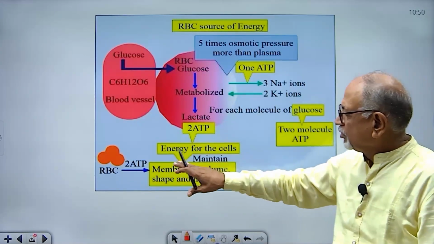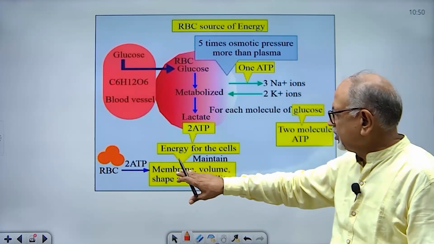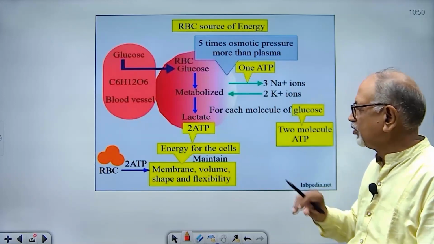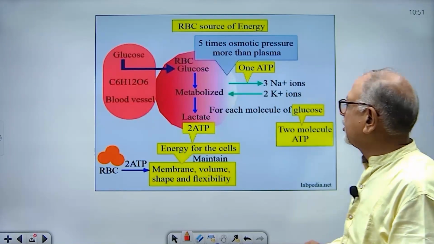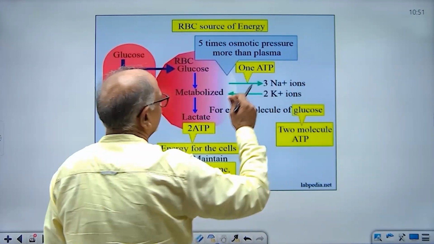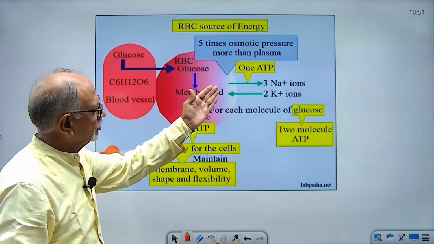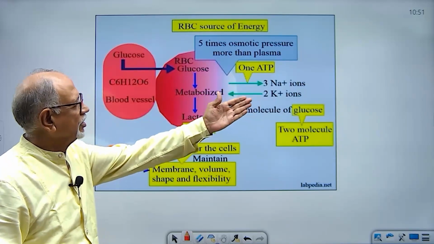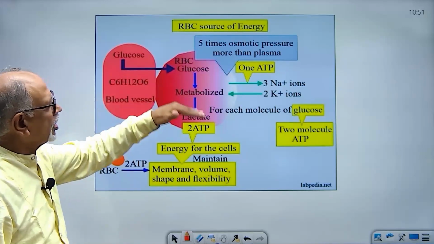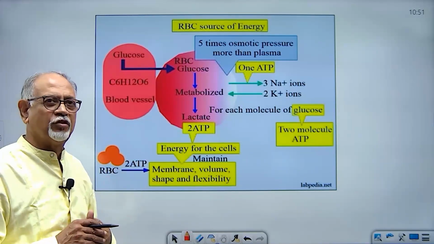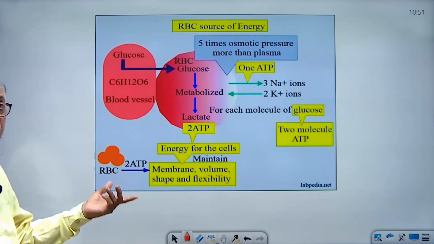Now, these 2 molecules are used for the maintenance of membrane, maintenance of volume, maintenance of shape, and maintenance of flexibility. Here you can say 1 molecule of ATP is used for this pumping mechanism, for pumping 3 sodium ions outside and 2 potassium ions inside. So, this is how the RBC uses glucose for maintaining the metabolism and production of ATP.